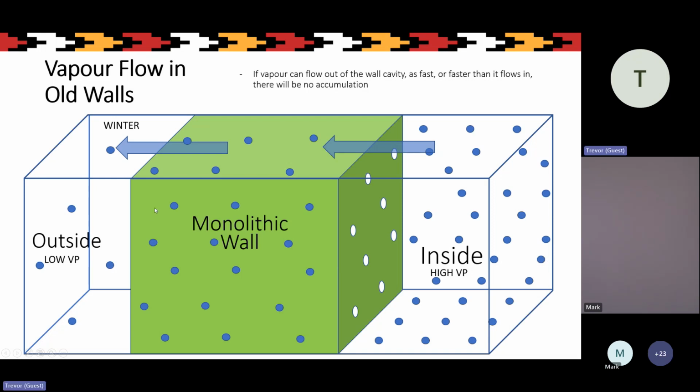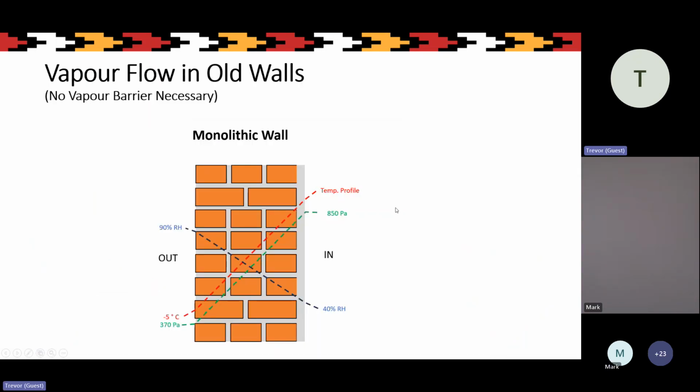It could build up on the outside due to rain and other things. Air leakage is a whole other thing, but due to vapor flow, it will never build up inside a monolithic wall like this. And here's the reason. We look at this monolithic wall, a triple wide brick wall. If we look at the temperature profile across this wall, that's the red line. Basically, you have an even drop from whatever the temperature is inside to whatever the temperature is outside.